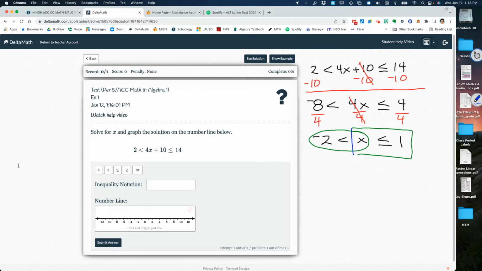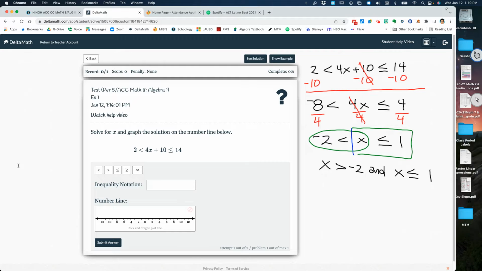So one inequality, I'm just going to flip it: x is greater than negative 2, and x is less than or equal to 1. So we have the choice of either writing it this shortened way or with the "and." I kind of like that way.